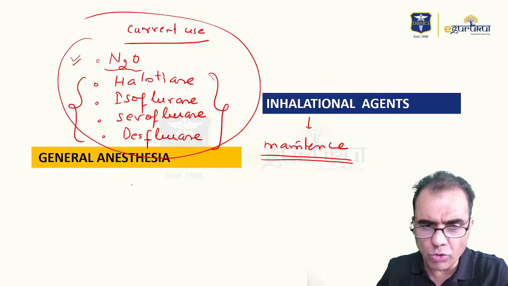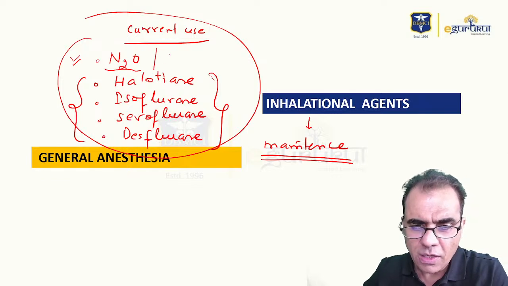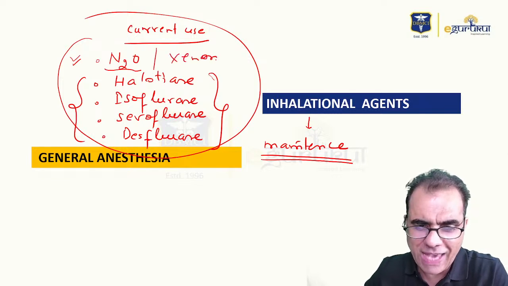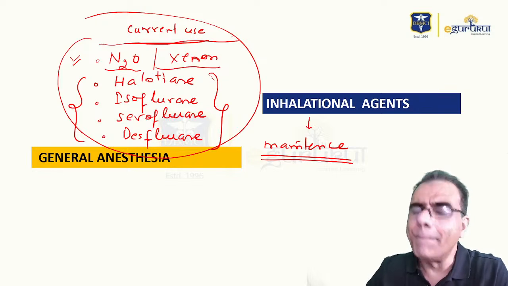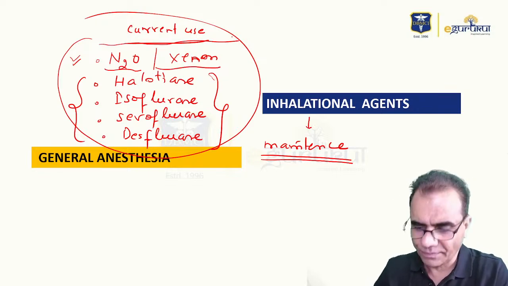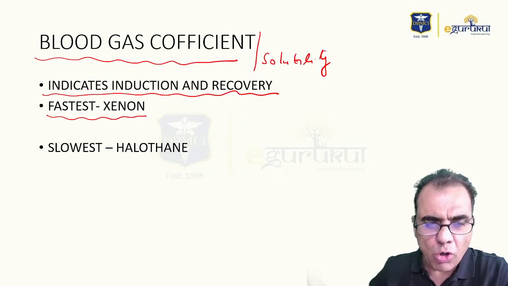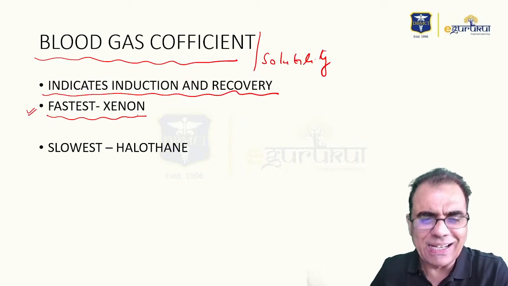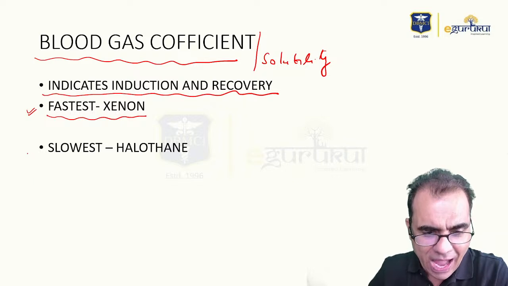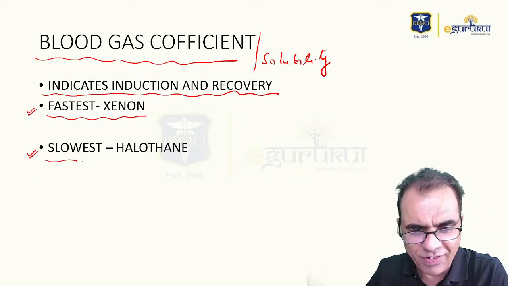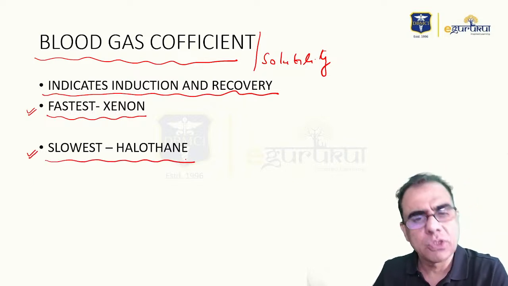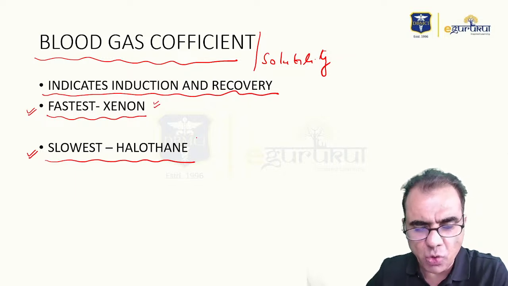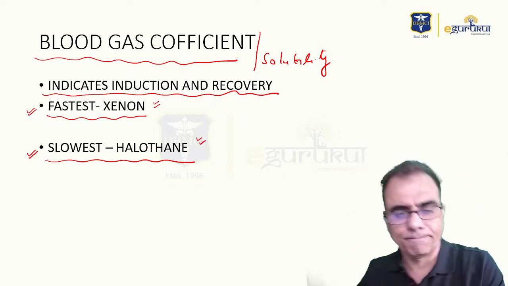If you want to use xenon, you can use it as a gas, which I still will not say is in current use, but it is ready for use in fact. So overall, fastest induction and recovery is seen with xenon, and slowest induction and recovery is seen with halothane. So fastest with xenon and slowest with halothane.